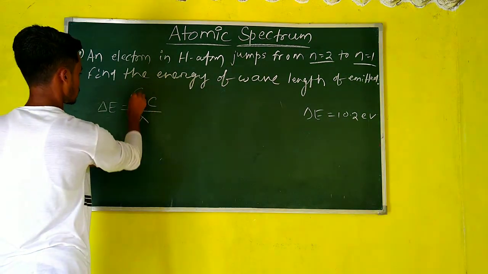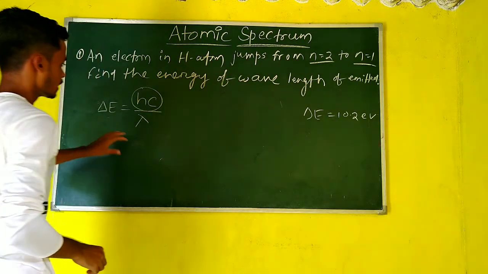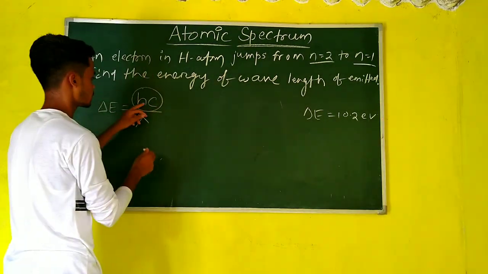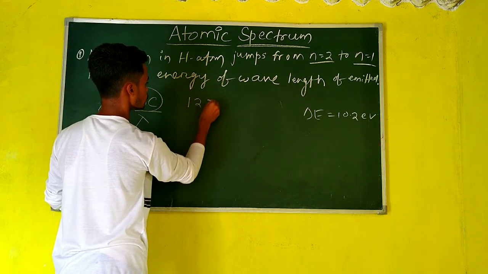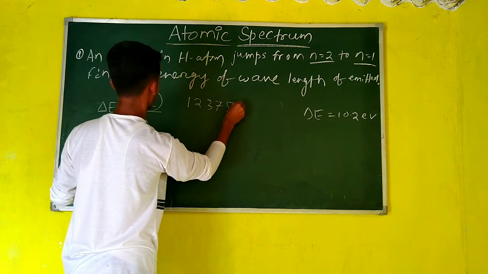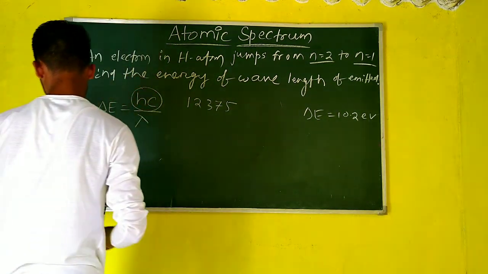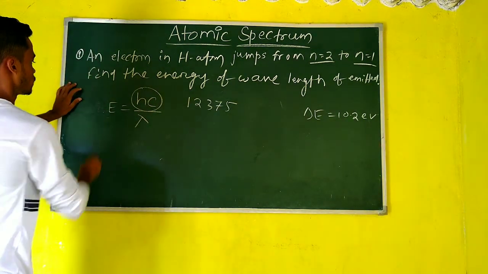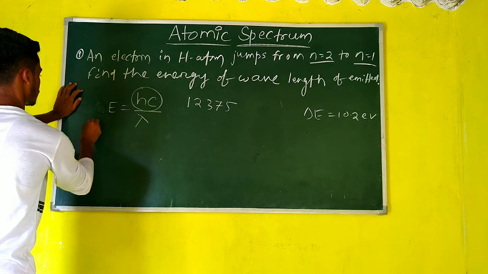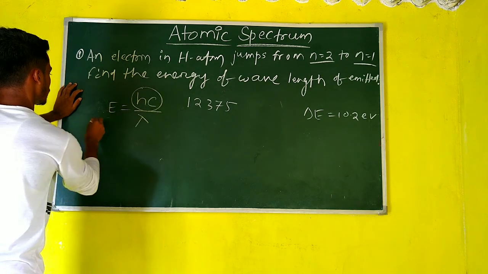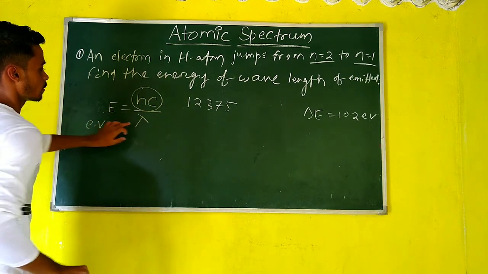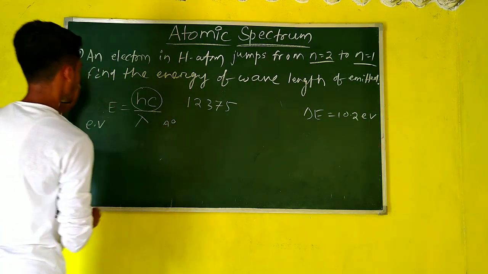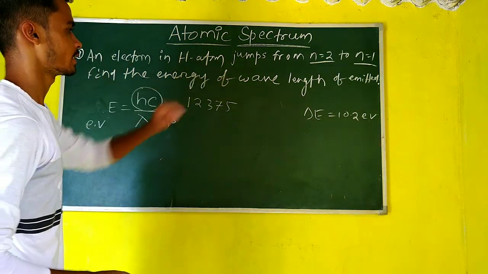This is a constant term, and the value of hc is 12375. Here E is the energy, and the energy answer is taken in electron volt, and lambda is taken in angstrom. So we can calculate the wavelength emitted.